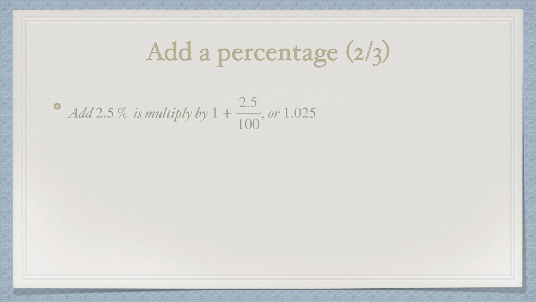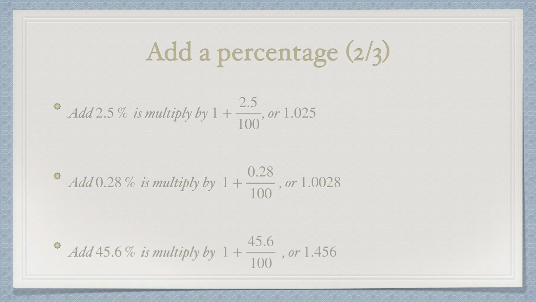Add 2.5% is multiplied by 1 plus 2.5 over 100 or 1.025. Add 0.28% is multiplied by 1 plus 0.28 over 100 or 1.0028. And add 45.6% is multiplied by 1 plus 45.6 over 100 or 1.456.